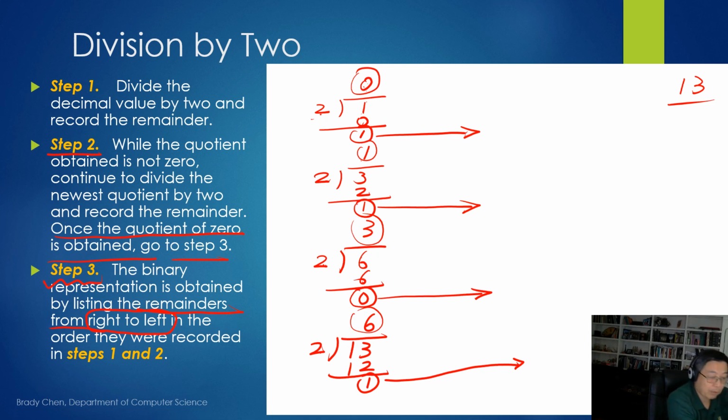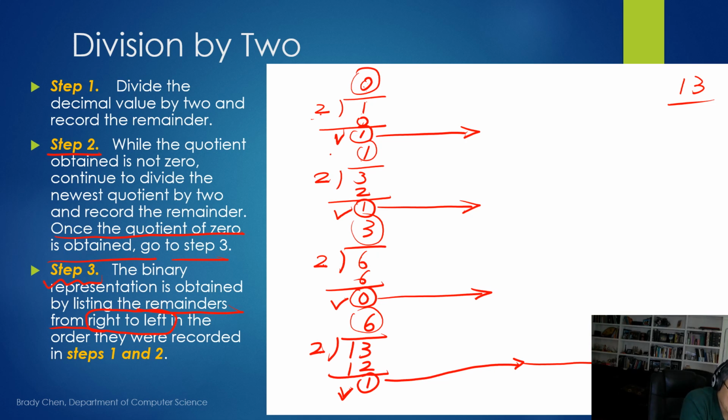Now, what is step 3 going to do? We're going to list the remainders from right to left in the order they were recorded. This one is recorded first, this one is recorded second, this one is recorded third, and this one is recorded last. The first recorded remainder will be put on the right, so that's going to be 1.